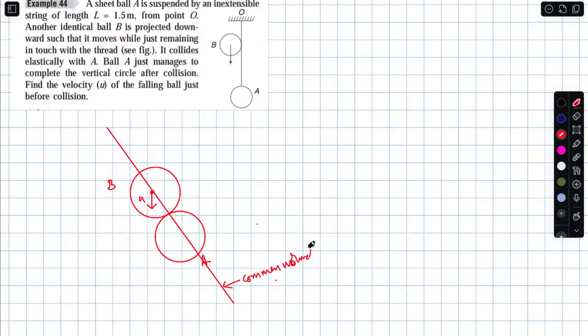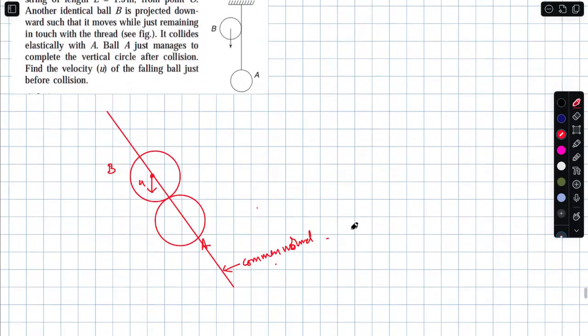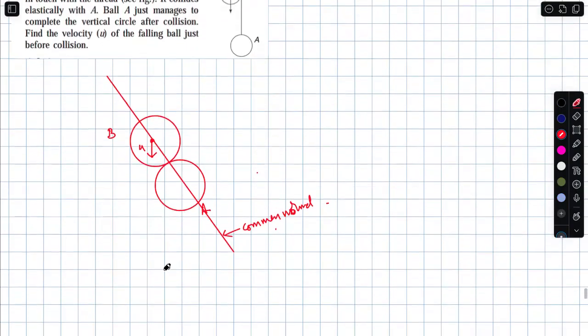I think I've done this question if I'm not mistaken. No? Right. That is a common normal. Now for B, this is just before collision.